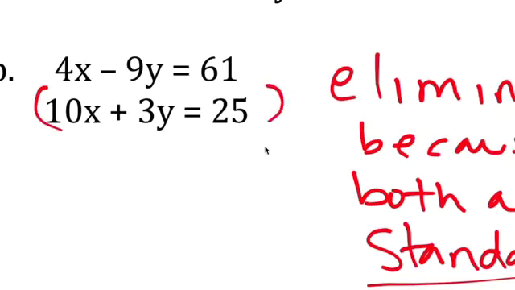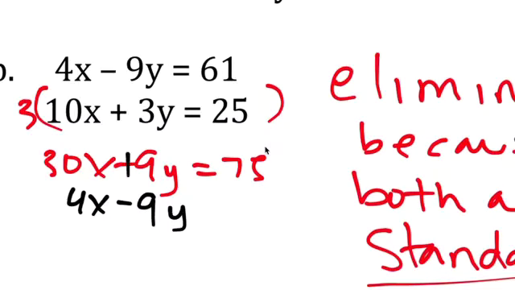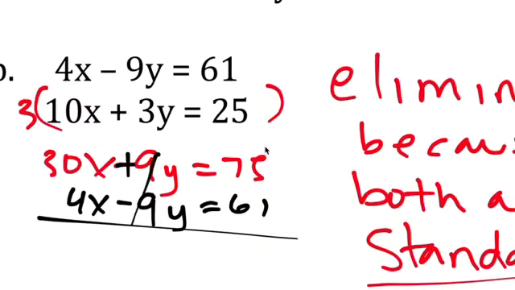I would multiply all this by 3. I get 30x minus 9y equals 75. And this is 4x plus, sorry, 9y equals 610. You get 34x equals, add, and then solve.